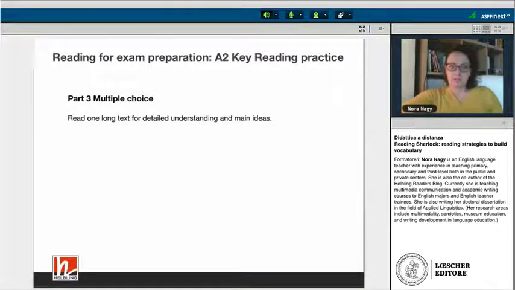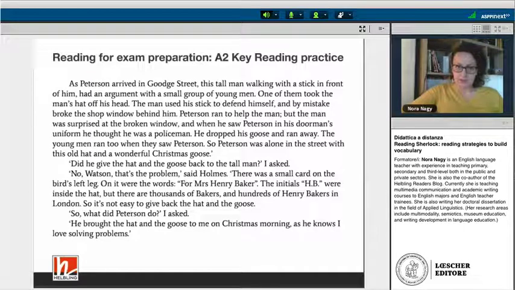You will have to read a long text in the exam, and you will have to read this long text for the detailed understanding and main ideas. These texts are usually between 200 and 300 words, so I have selected a similar text. I would like you to read this text first, and then I will give you some questions which are very similar to the exam.